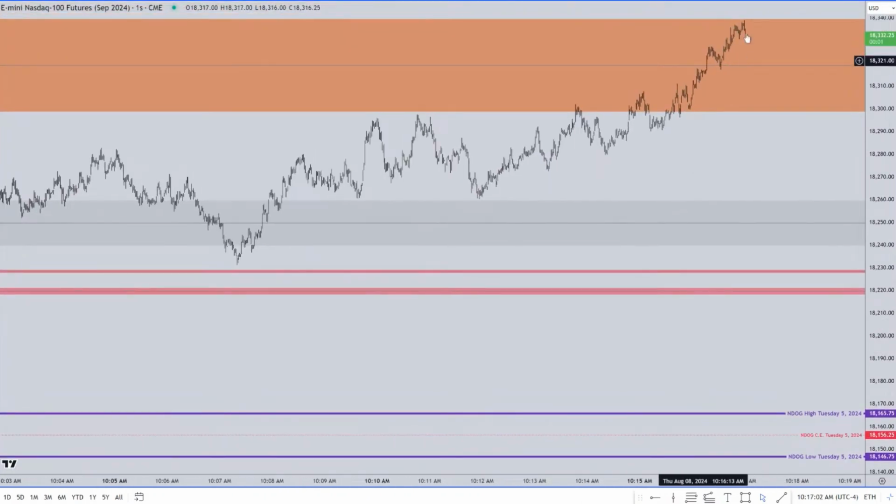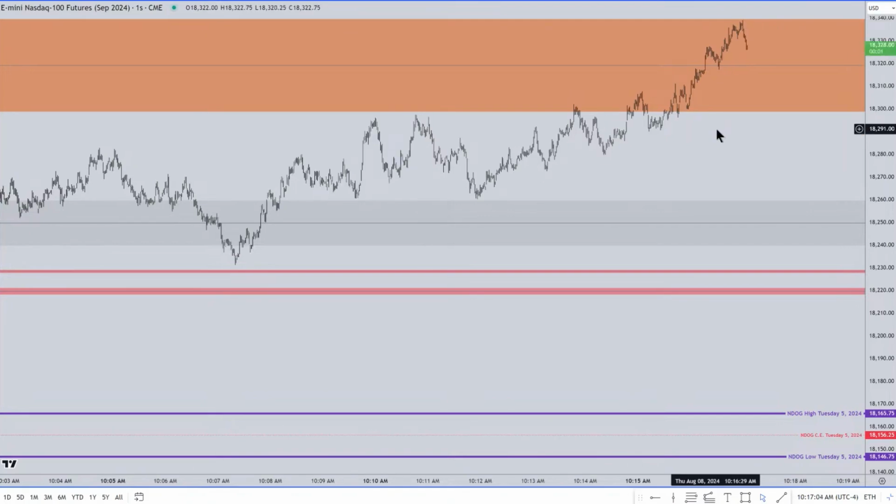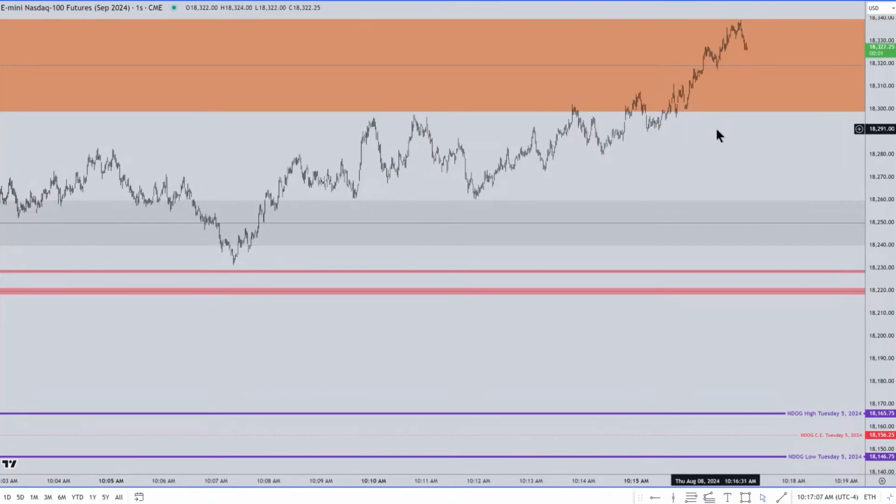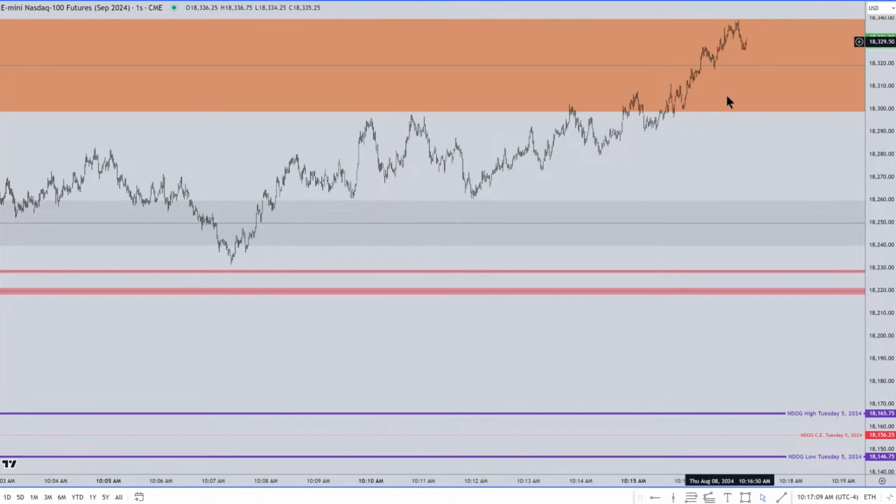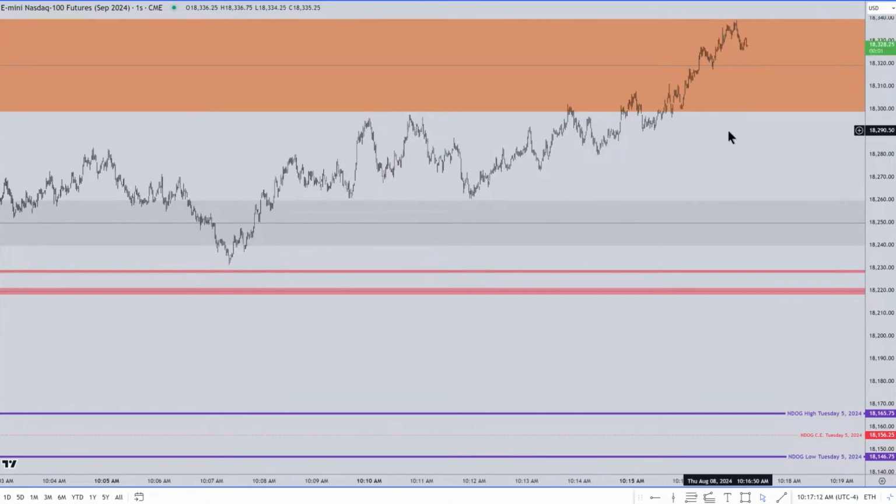And where are we at here? What's that other level I told you it could gravitate to? Do you remember? That inversion fair value gap above the breaker.